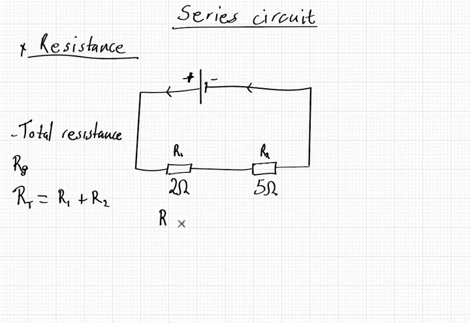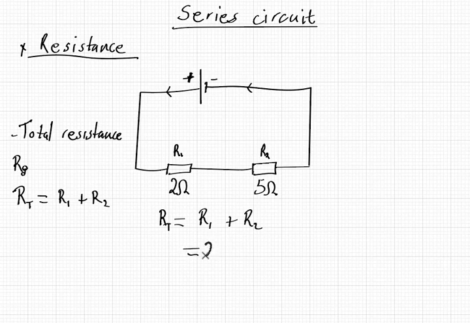So resistance, equivalent resistance, or total resistance. So it's R total. Okay, this T is not really standard, but I'm just doing it so that we remember that this is the total resistance. Total resistance, R1 plus R2.